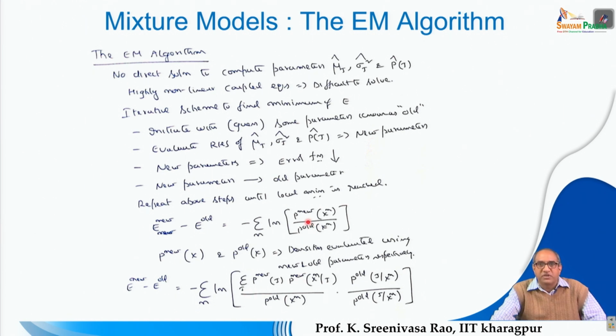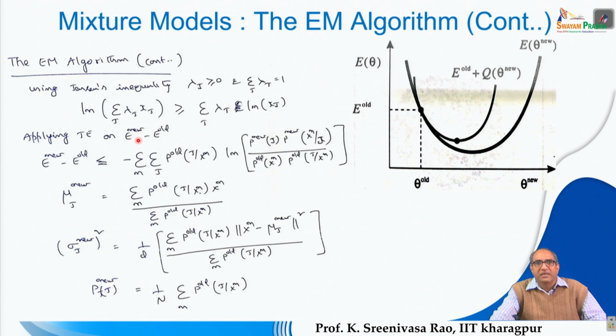For this expression, what we have done is expand P new using the Bayes theorem, and then multiply with P old for manipulation purposes. Then, by applying Jensen's inequality, we can simplify this expression like this.